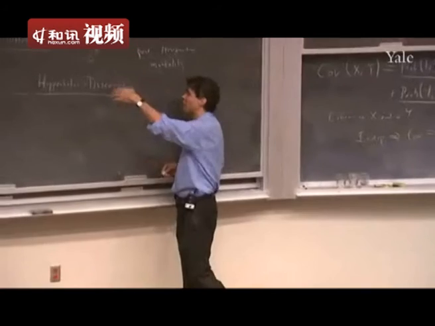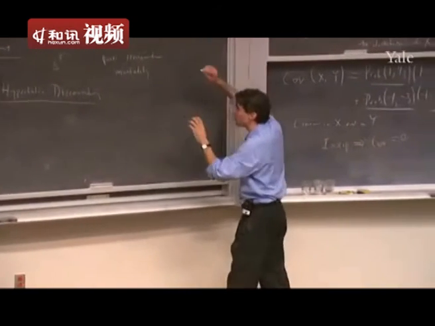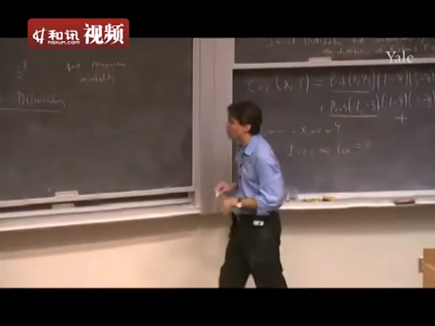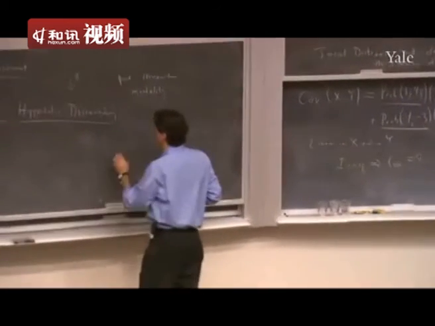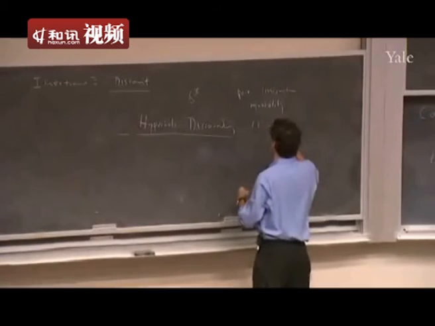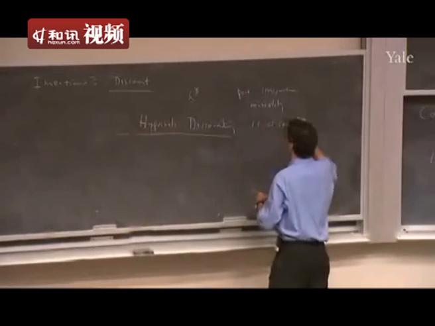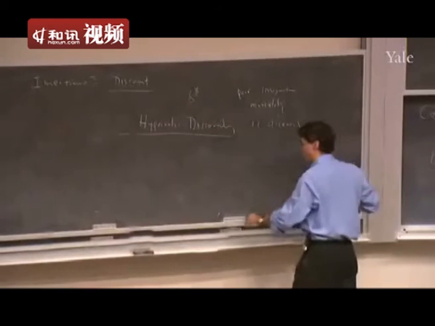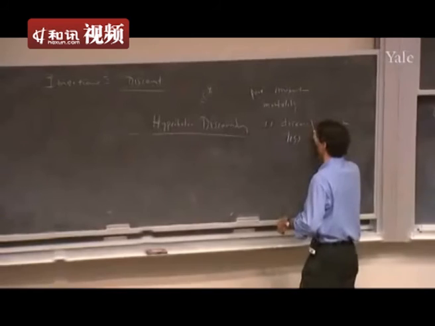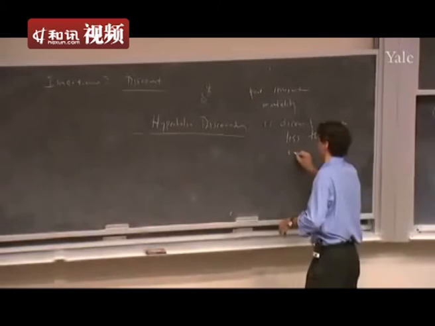But the difference between what he'll do for 10 minutes versus 11 minutes is very small. Okay, so hyperbolic discounting is discounting much less than exponential discounting.